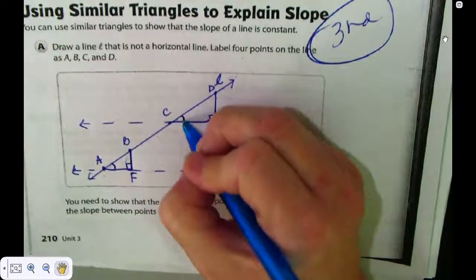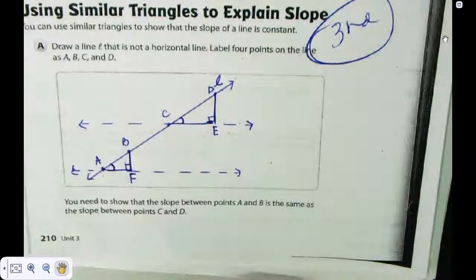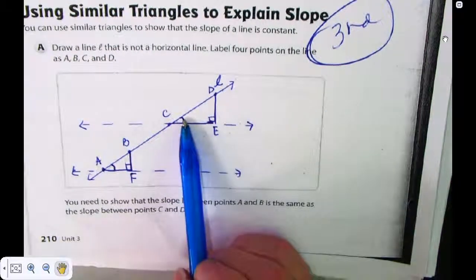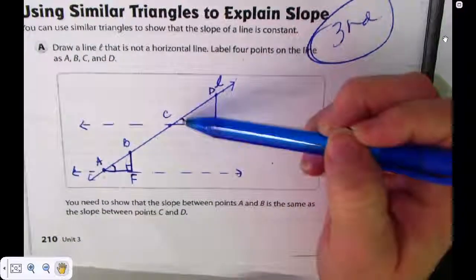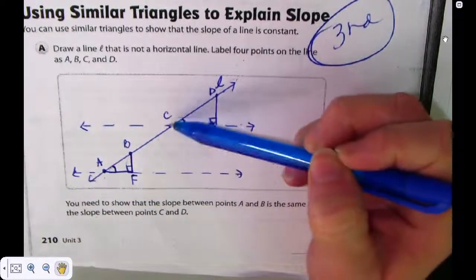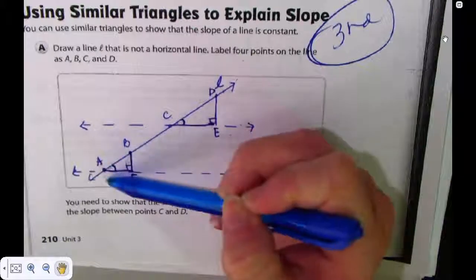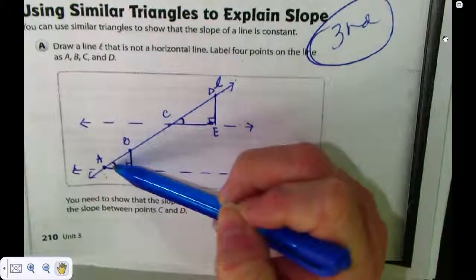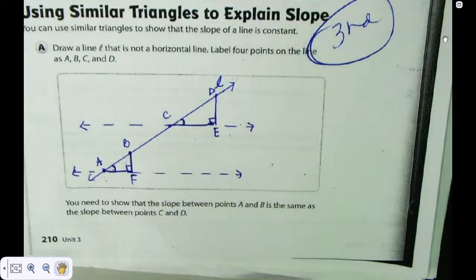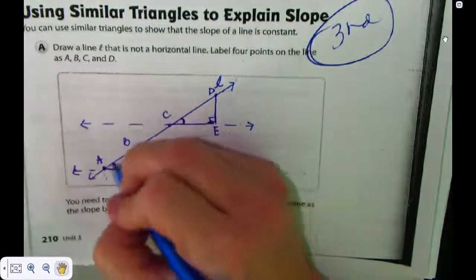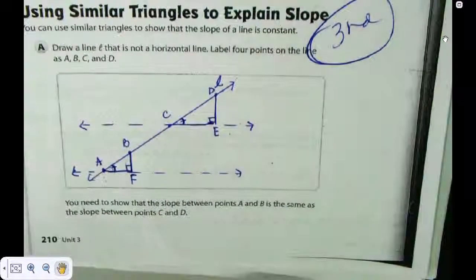But what makes this angle and this angle congruent? They're corresponding. Look, see where these two lines intersect? Do you see the four angles? And then down here, the four angles? Well, that's the top right corner, top right corner. So yes, they correspond. So this angle and this angle are congruent.